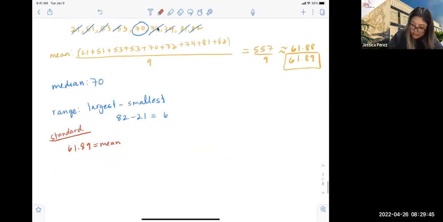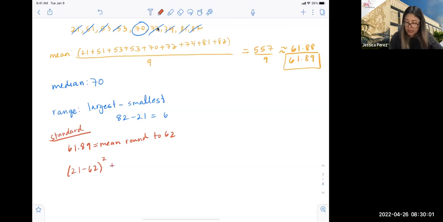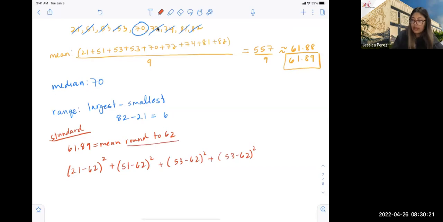So then you do 21 minus 62. I'm going to round the mean to 62. This is just for the standard deviation. So squared plus, then we're going to do 51 minus 62 squared plus 53 minus 62 squared plus 53 minus 62 squared.